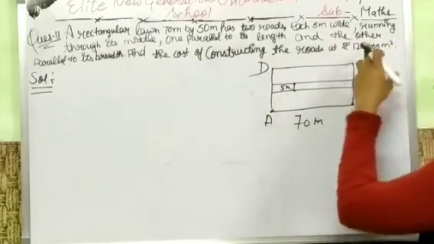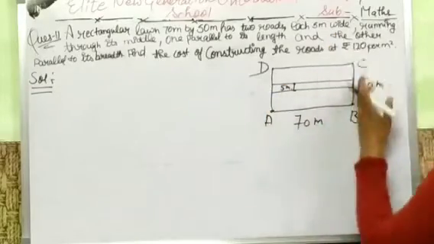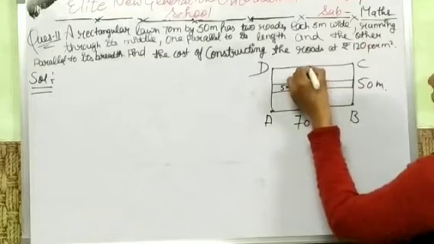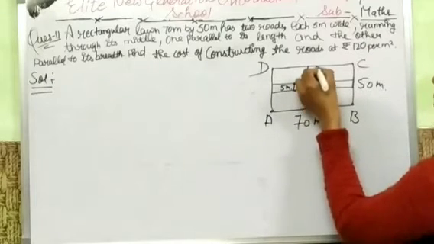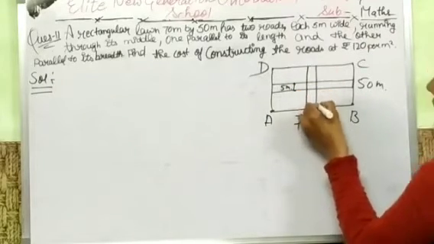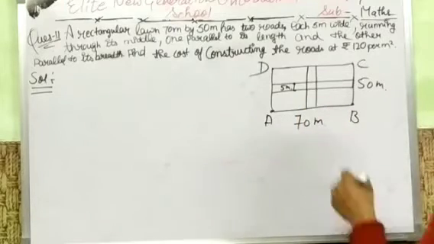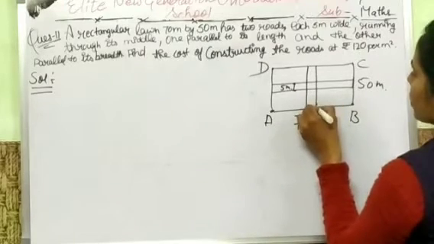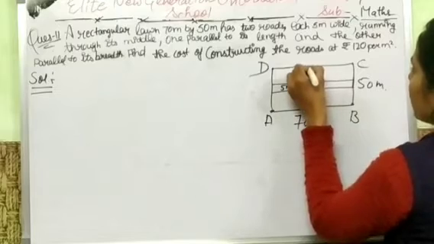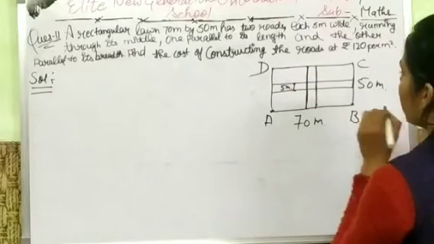And the other road is parallel to its breadth, running through the middle of this rectangle. So this road is parallel to its breadth. This is another road, and let's name it.